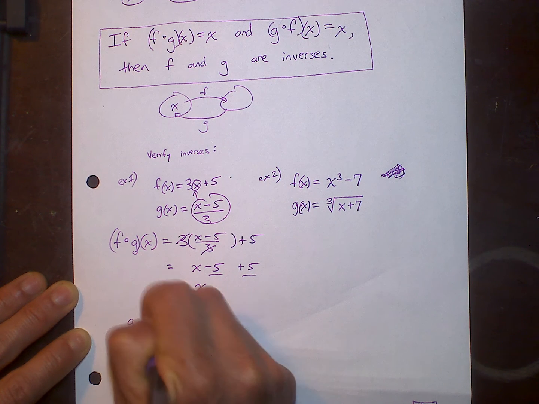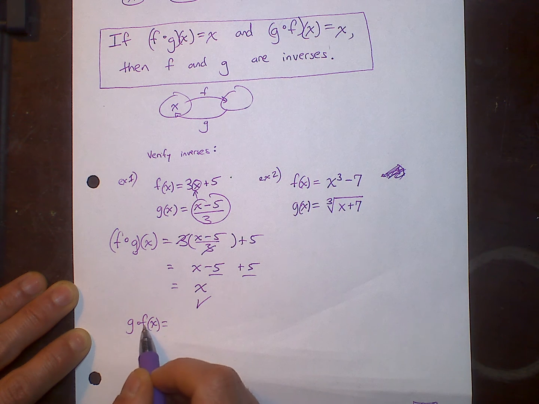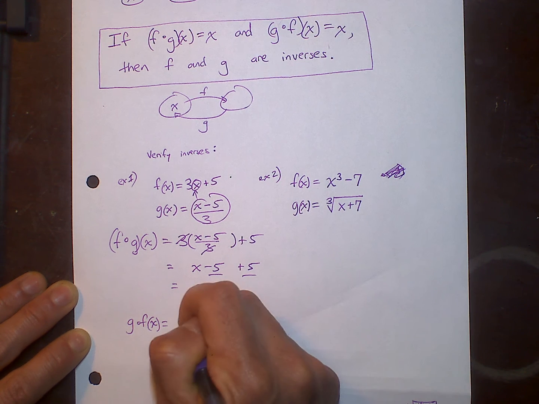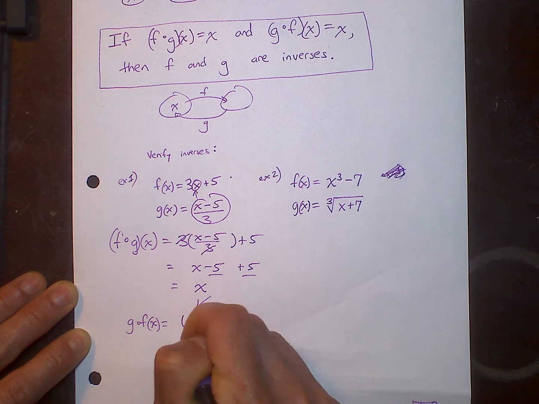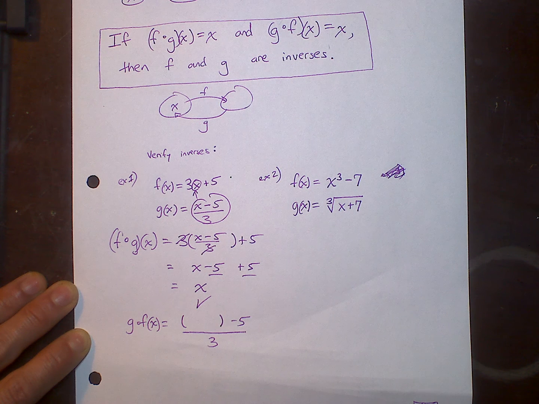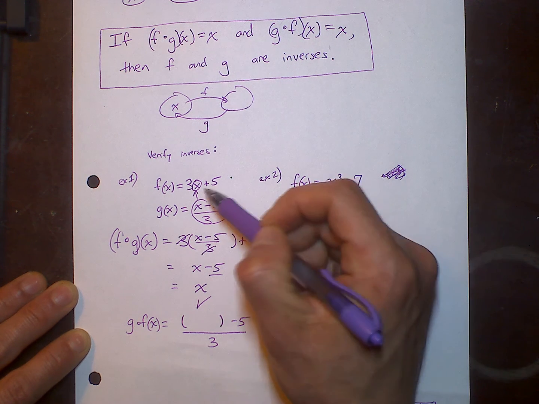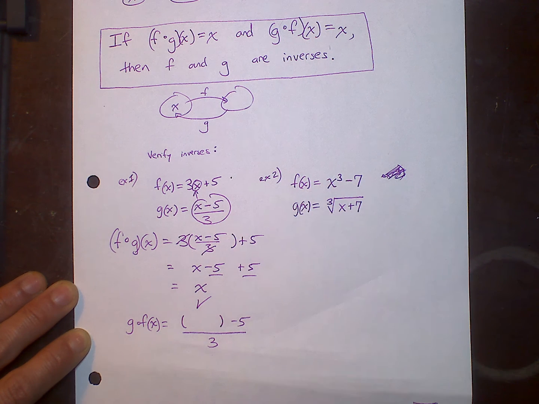It's not commutative, so we should show it both ways. This time I'm placing the f function inside of the g function. So I'm going to write the g function. Notice I write the function with a space where the x is. That's the input. And this time the entire f function would be placed inside of that input.